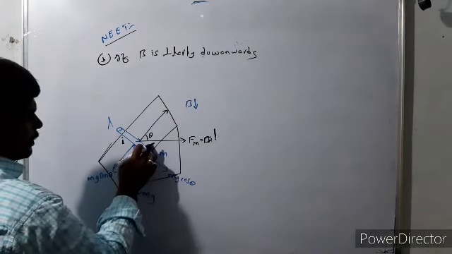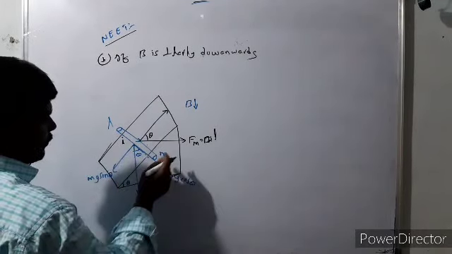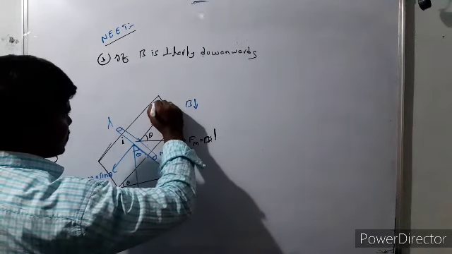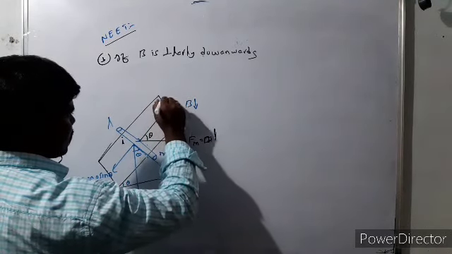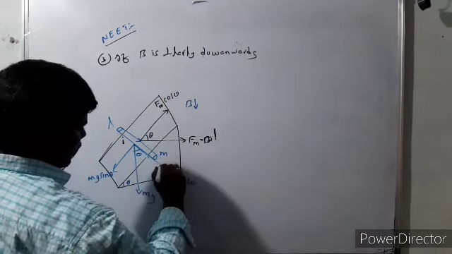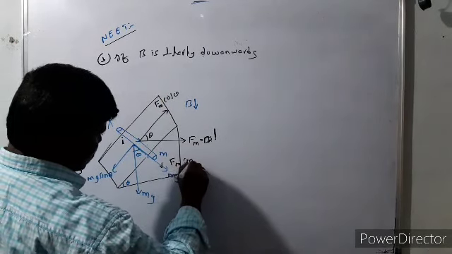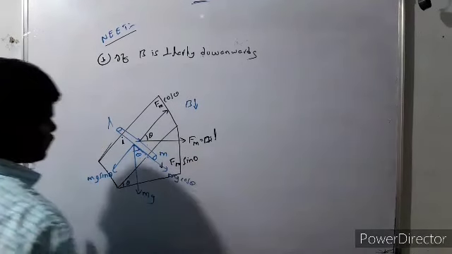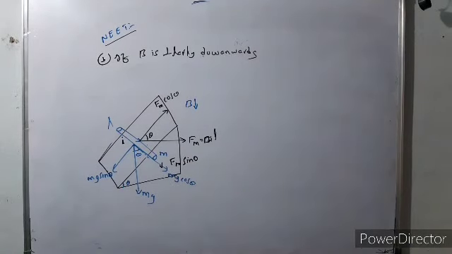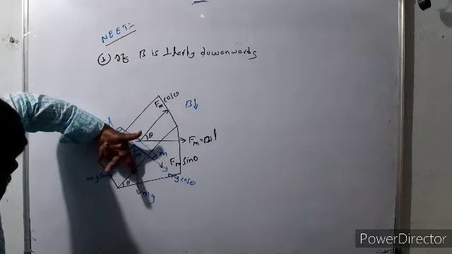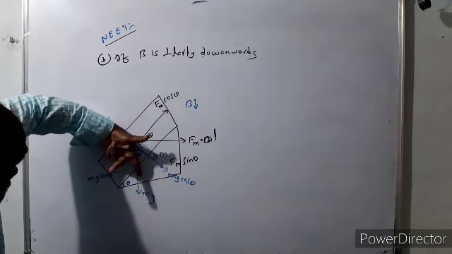Now if you resolve Fm into components, along this direction Fm cos theta, and along the mg cos theta direction, Fm sin theta. So see one time clearly, the magnetic force is like this.